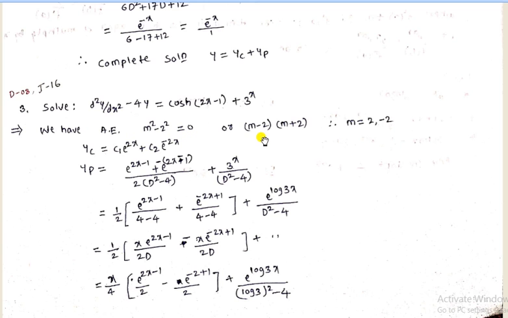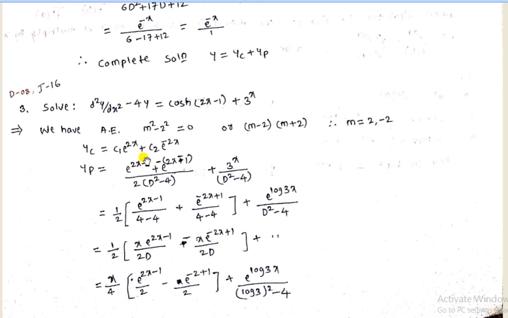Its roots are m minus 2 and m plus 2 because it is in the form of a square minus b square. So m equal to plus 2 and minus 2. Both roots are different. Its complementary function is c1 e to the power 2x plus c2 e to the power minus 2x.